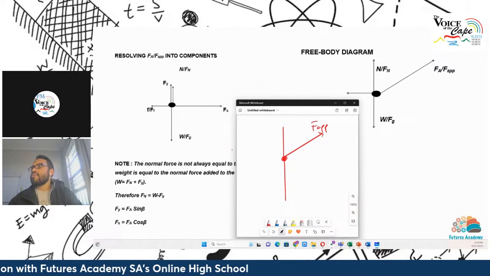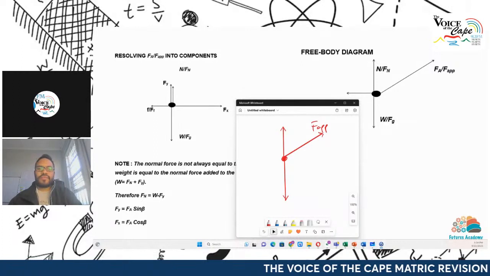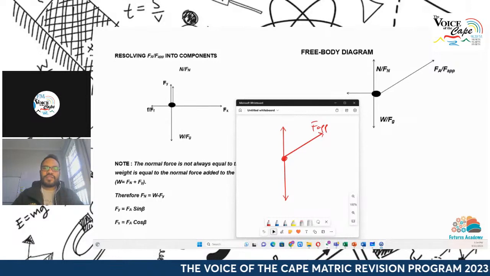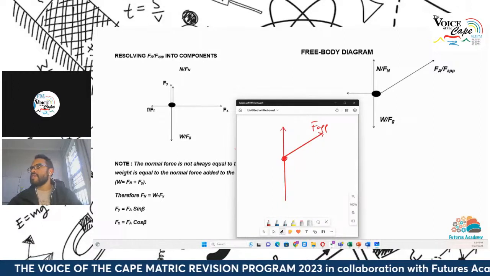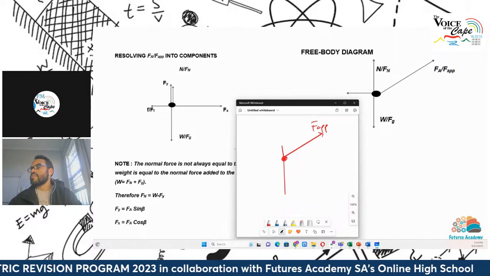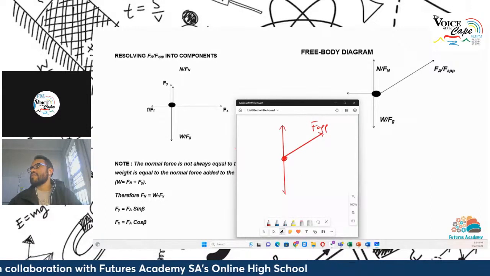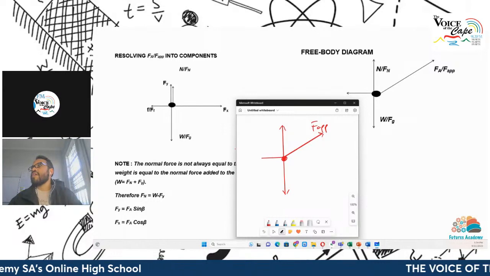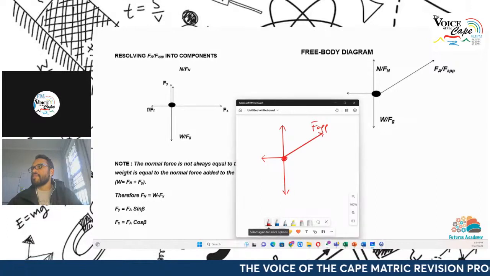You know that the normal force is acting in this direction. Let me just make this shorter because the gravity and the normal force, let's assume more or less that's equivalent in magnitude, okay? And then we know this is the frictional force. I'm going to change colors over here.